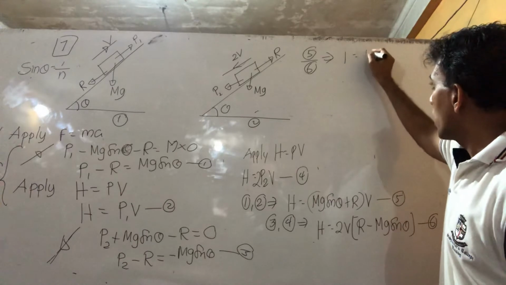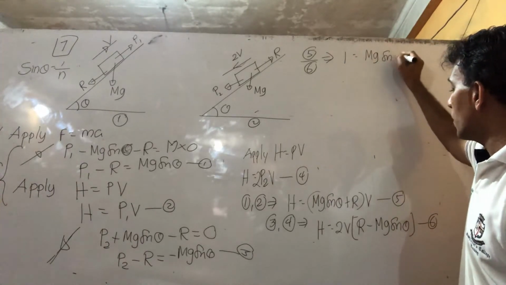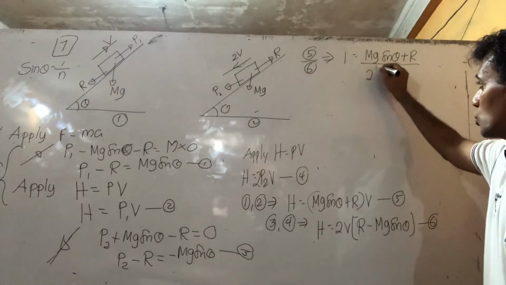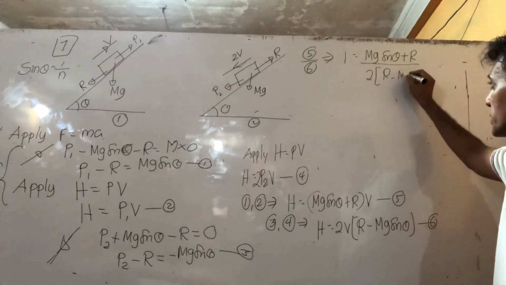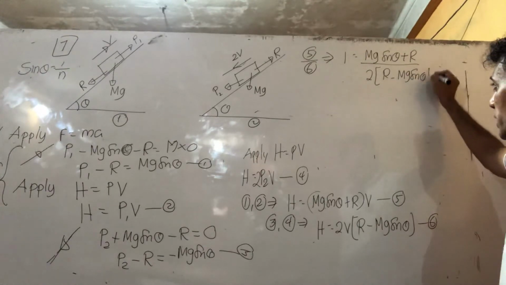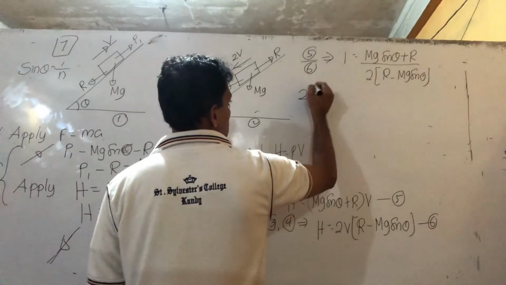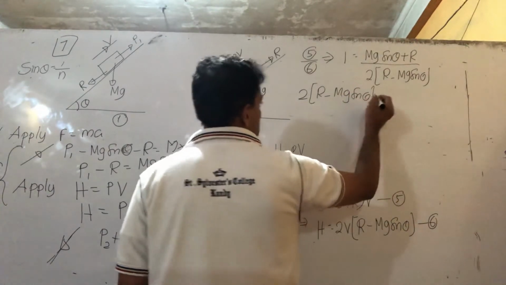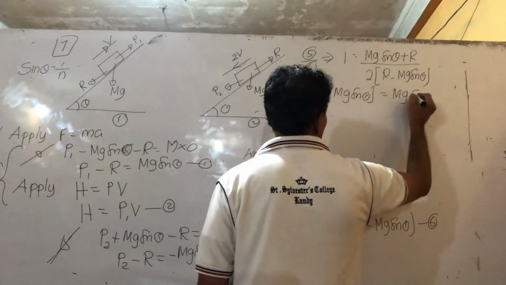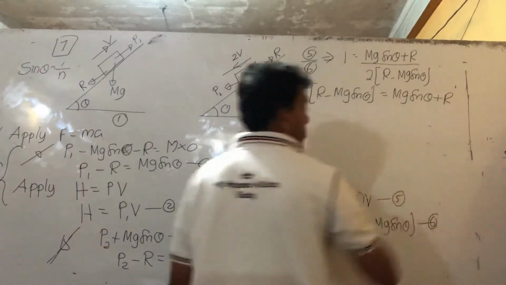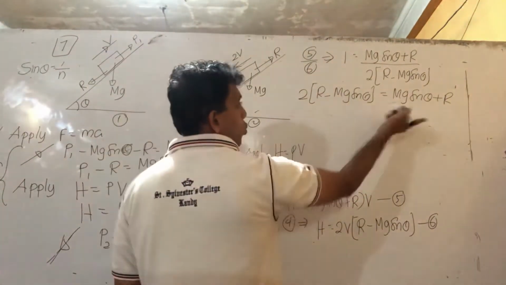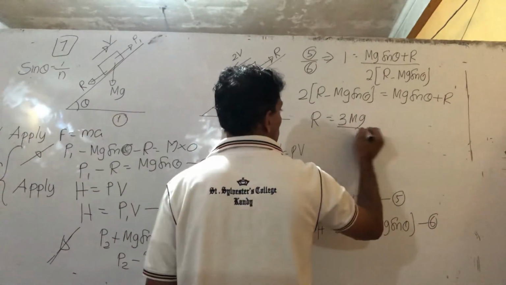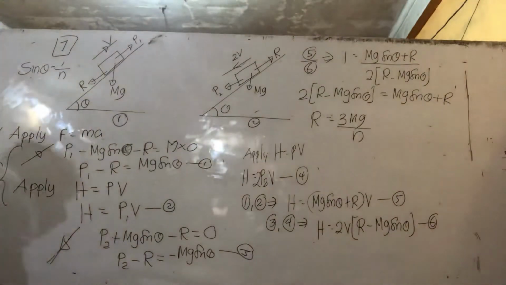So 1 equals mg sine theta plus R over 2 times R minus mg sine theta, V cancels. Cross multiply: 2 times R minus mg sine theta equals mg sine theta plus R. The problem is to find R, so take R as the subject: 2R minus R equals 3 mg sine theta. What is sine theta? 1 over n. So you know the R answer.